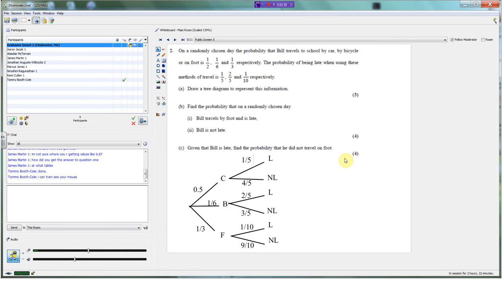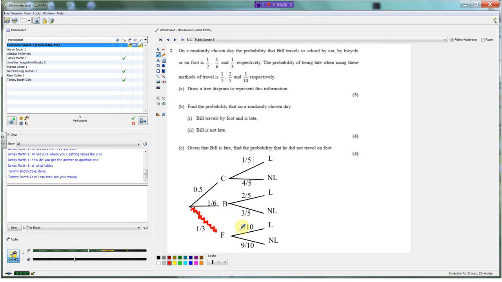And there's 3 marks. And then it says for the next bit, for 4 marks, find the probability that on a randomly chosen day, Bill travels by foot and is late. If we look at this one here, the only way Bill could travel by foot and be late is if he follows this branch here.